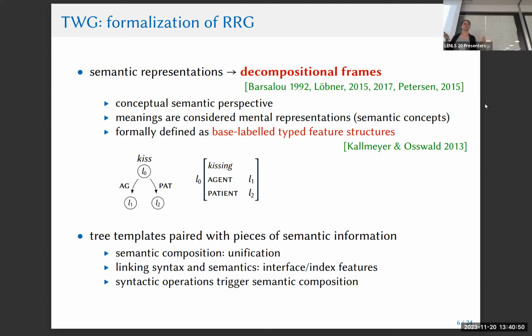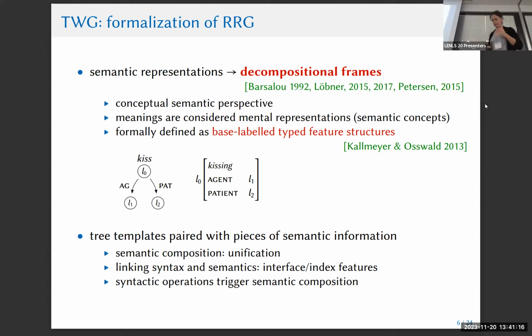Tree templates are paired with pieces of semantic information. And then the semantic composition is done by unification, which is a very nice tool, and we would like to have unification. So happy about that. And the linking of syntax and semantics is done with index features or interface features.